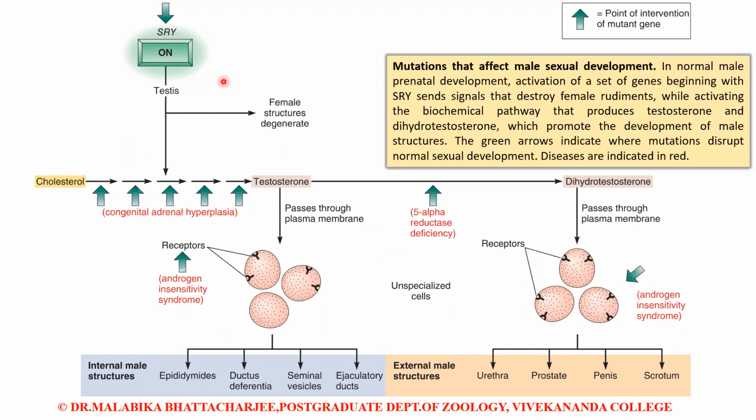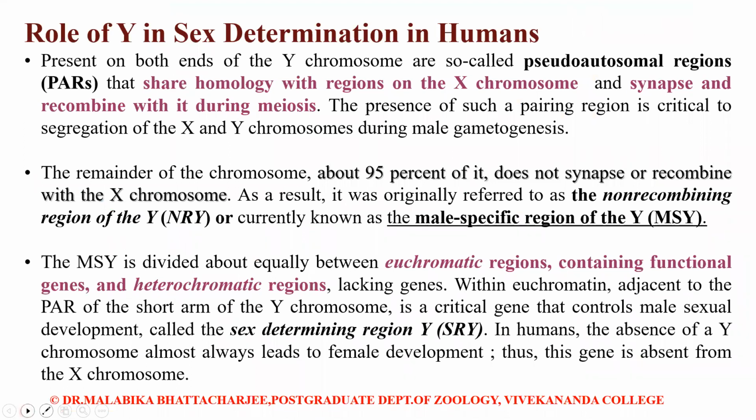It is the presence of the Y chromosome, and specifically the presence of the SRY gene on the Y chromosome, that sets on or starts these cascades, which ultimately lead to the development of either the internal male structures or the external male structures. Now a little bit more about the Y chromosome.